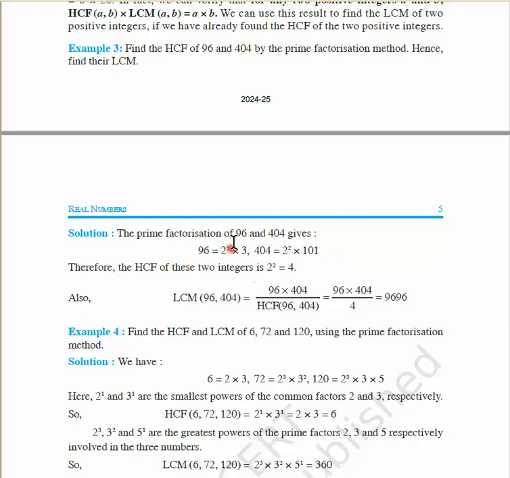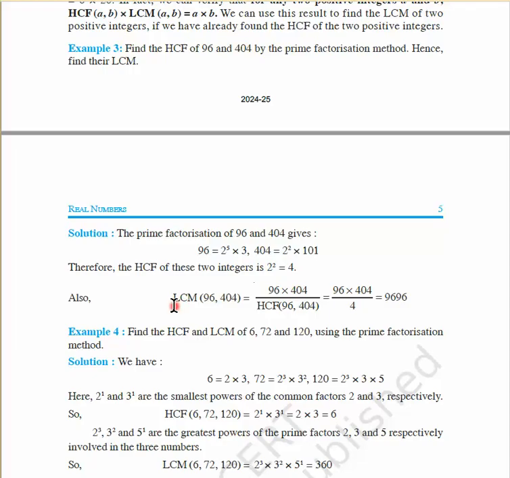So therefore the highest common factor here is 2 raised to power 2, because the common prime factor here is 2, and the lowest power of 2 is 2 square. So 4 is our highest common factor.